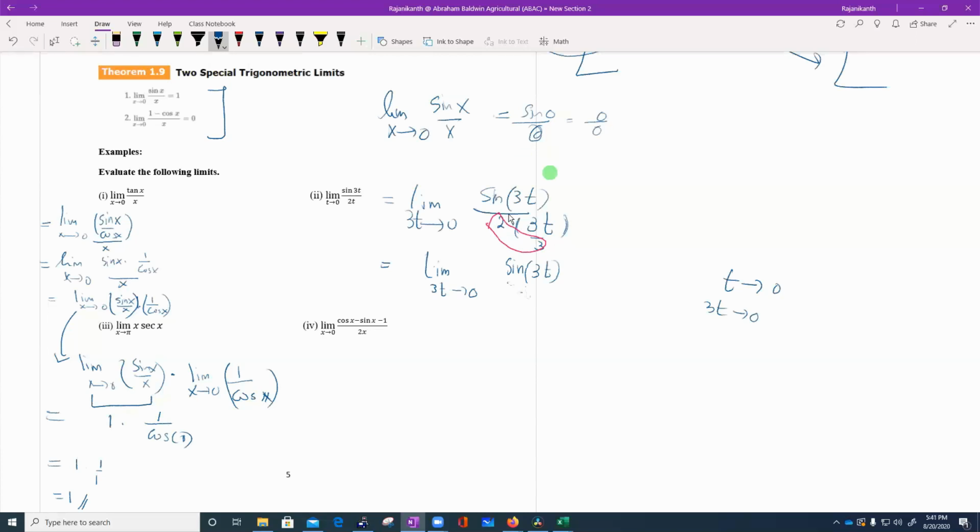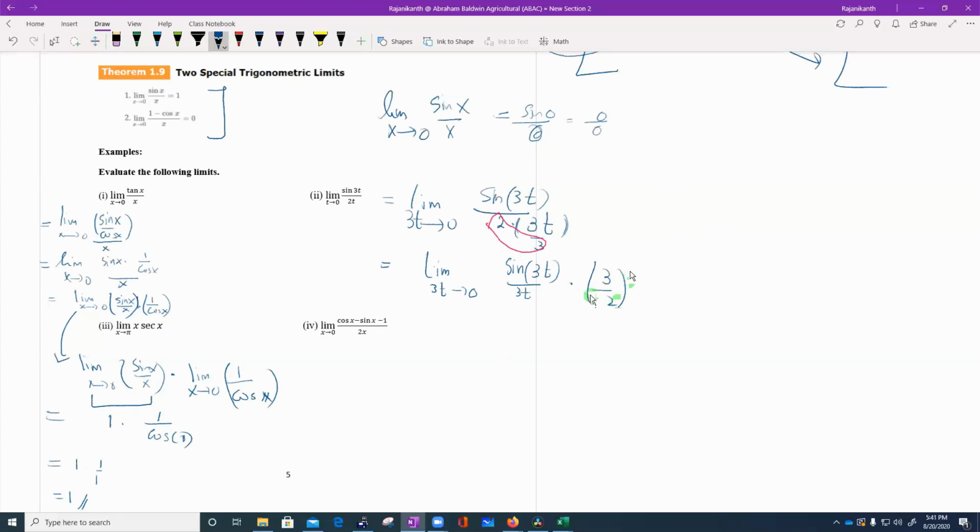I'm writing this 3t here. Then times, I'm writing the constant 3 over 2 separately. Okay? That is there. Now the problem is very easy.